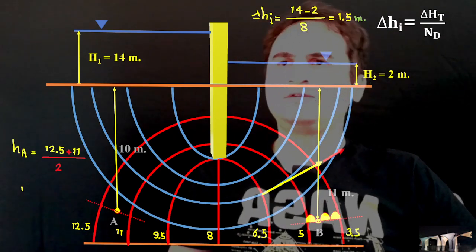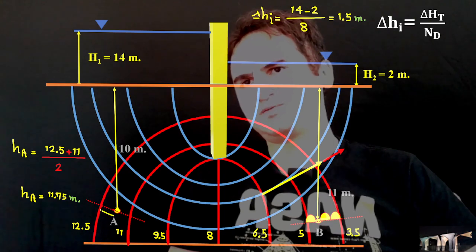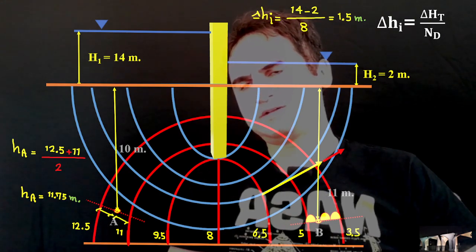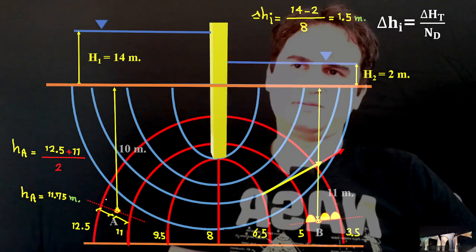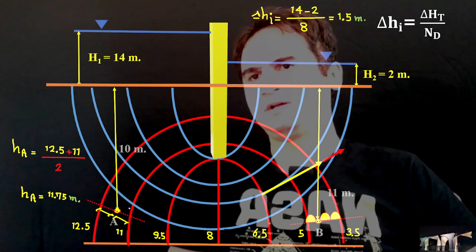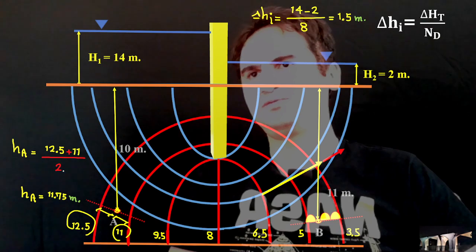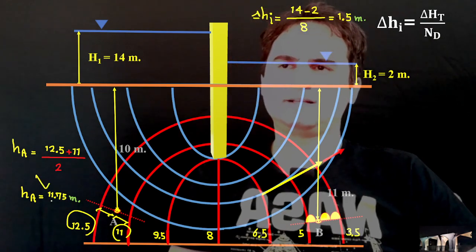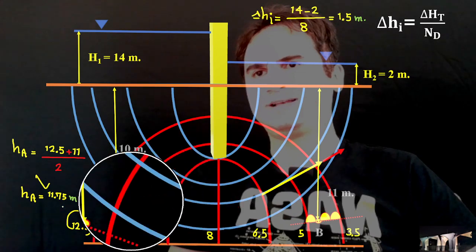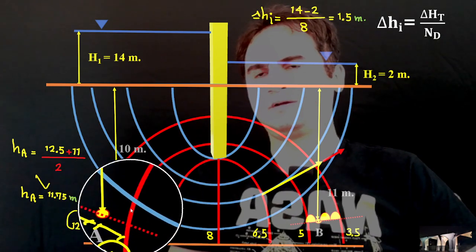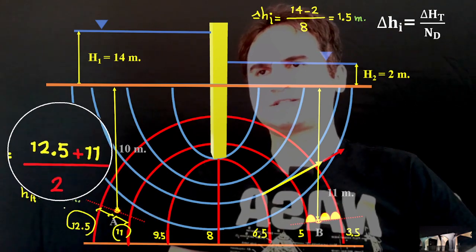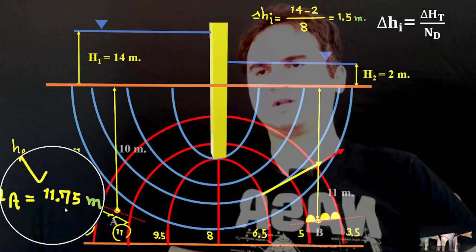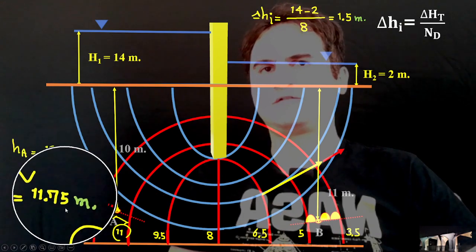If you want to calculate, for example, H at A, just assume A is located at the center of this path between these two isopotential lines. So 12.5 plus 11 over 2 gives us HA, that's 11.75 at the center between these two isopotential lines, 12.5 and 11. Just simply average them and report HA, which is 11.75 meters.